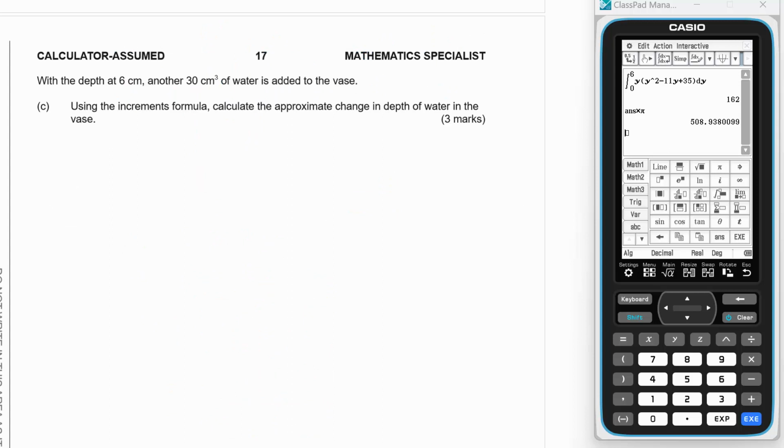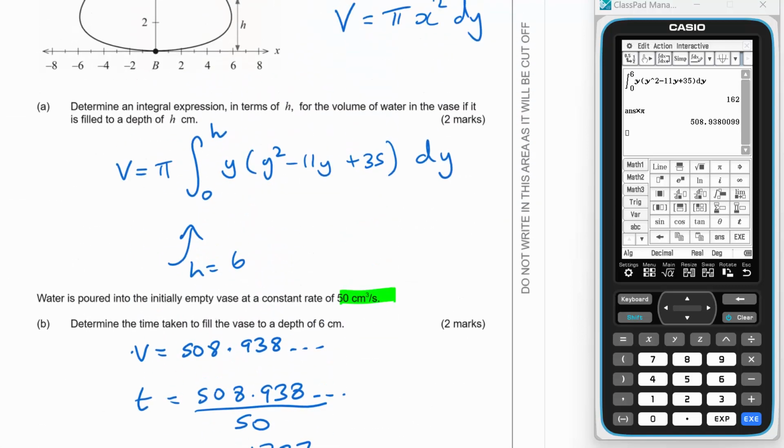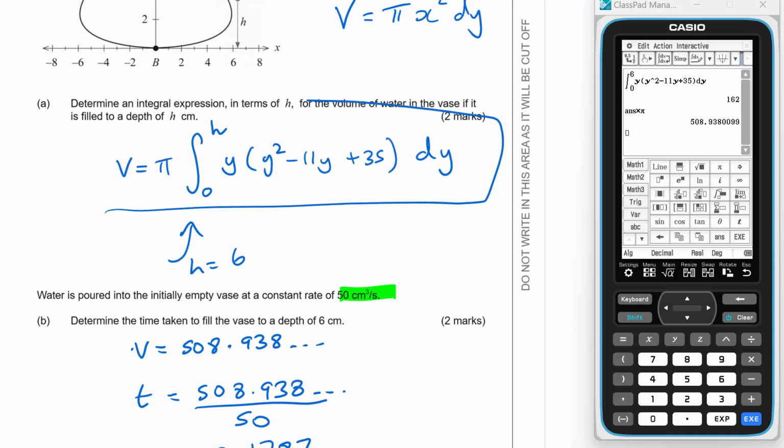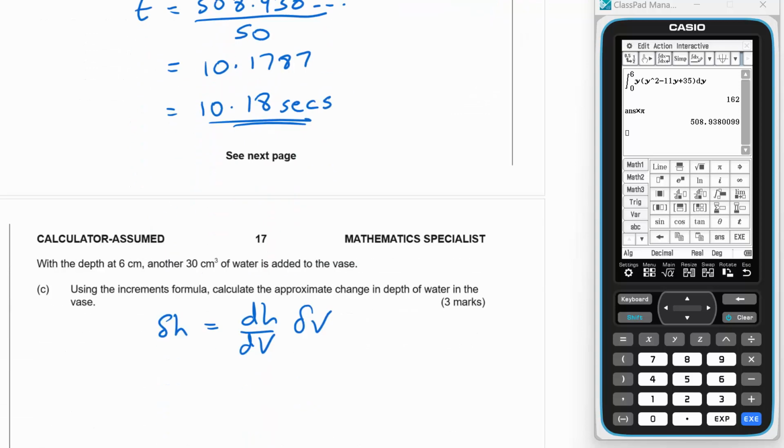With the depth at 6 centimetres, another 30 centimetres cubed of water is added to the vase. Using the increments formula, calculate the approximate change in the depth of water in the vase. So delta h is going to be dh/dV times delta V. Now, dV/dh, so we know that V was this, so dV/dh, just use the fundamental theorem of calculus, and we can see that it's just going to be this with h's in, and we can expand that out.